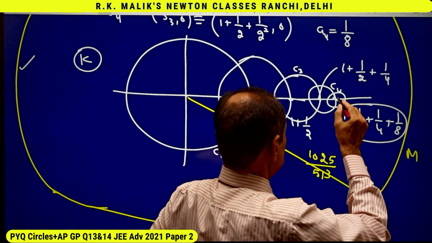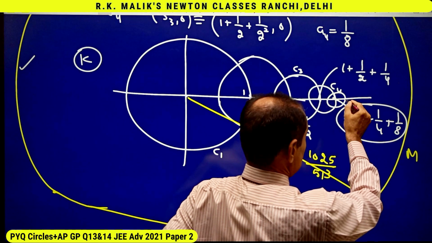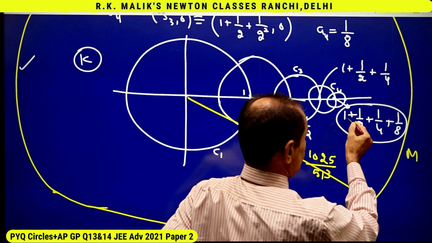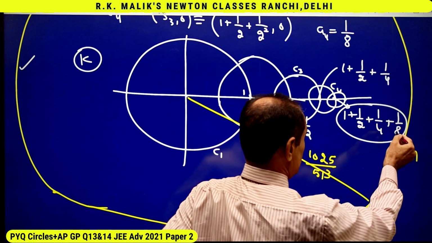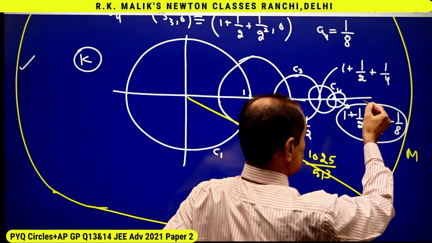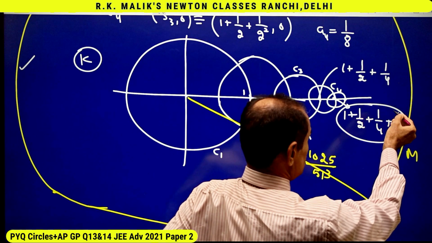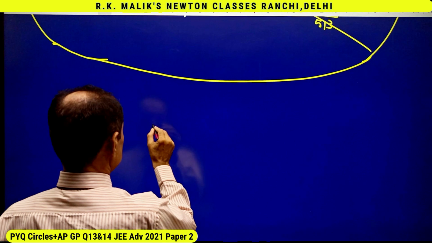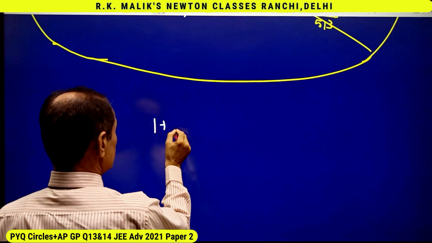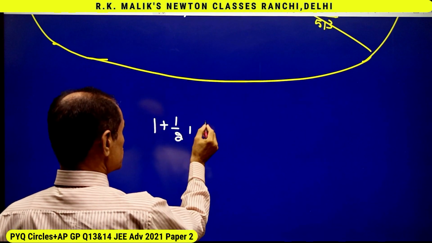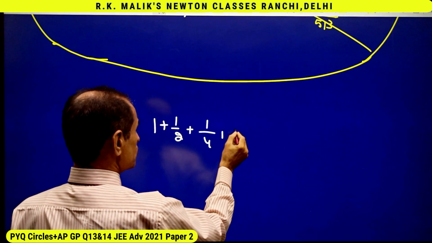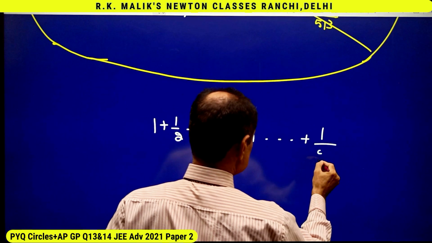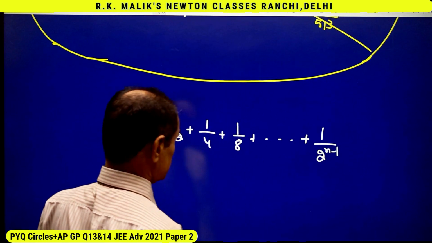It is clear that for the circle C4, the extreme point has x coordinate 1 plus 1 by 2 plus 1 by 4 plus 1 by 8. That is for circle Cn, the extreme point will have coordinate 1 plus 1 by 2 plus 1 by 4 plus 1 by 8 up to 1 by 2 to the power n minus 1.